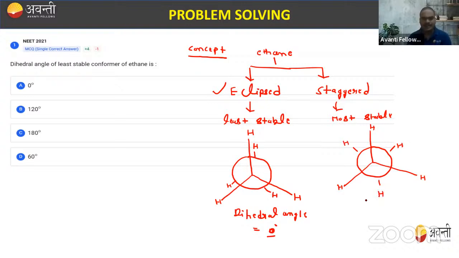So here the dihedral angle is 60 degree. So if the question asks dihedral angle of the most stable conformation, then the correct answer is 60 degree. If the question asks the dihedral angle of the least stable, it is eclipse form, and in eclipse form the angle is 0 degree, right? So which of the following is the correct option? That is 0 degree. This one. So this is absolutely correct answer for this.